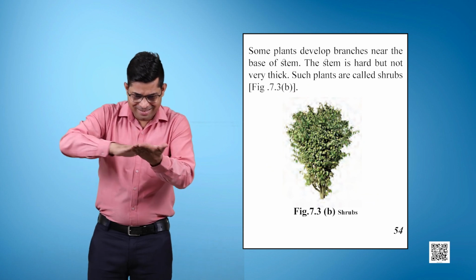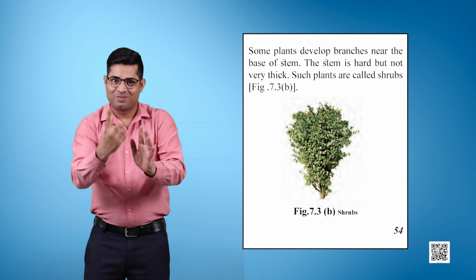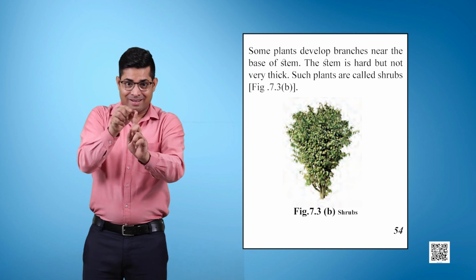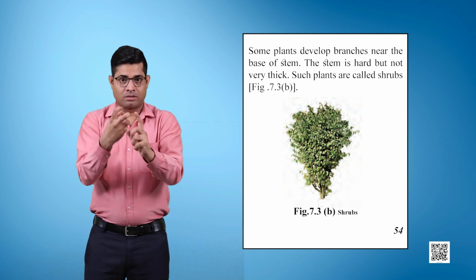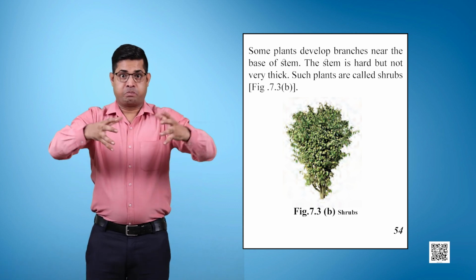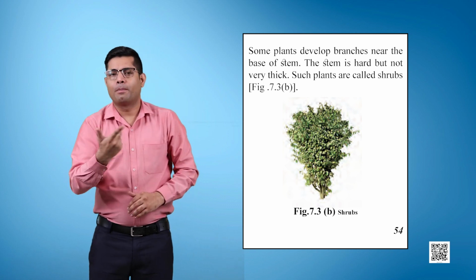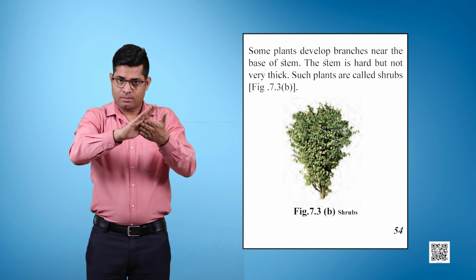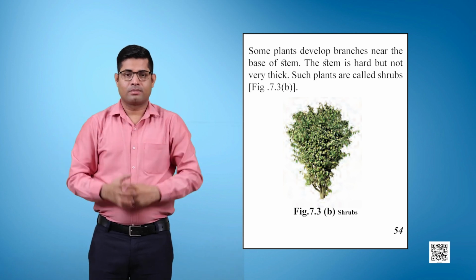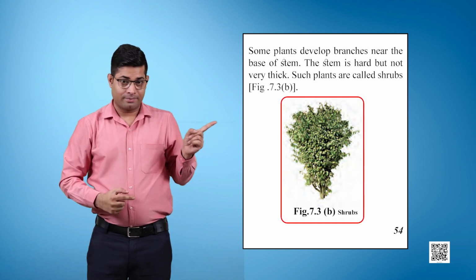Some plants develop branches near the base of stem. The stem is hard but not very thick. Such plants are called shrubs. Figure 7.3b.